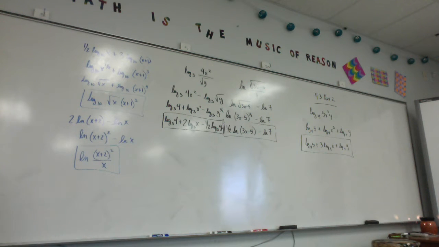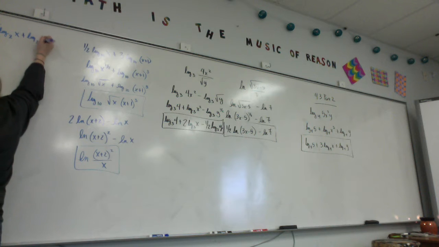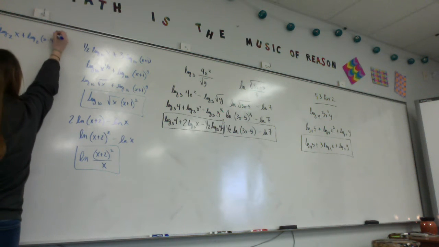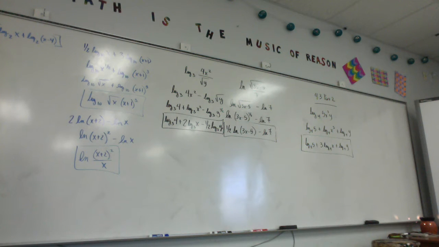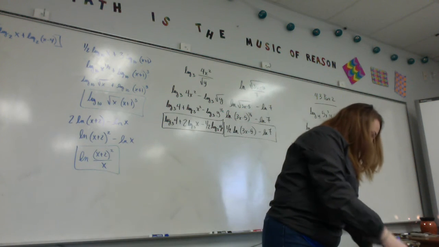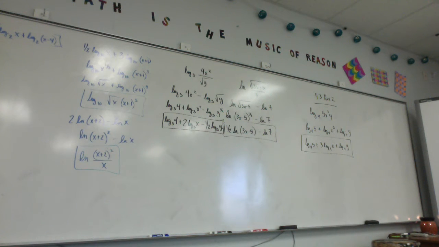And then we're gonna throw one more challenging one. 1/3 log base 2 of x plus log base 2 of x minus 4. Okay, how do I want to start condensing this?